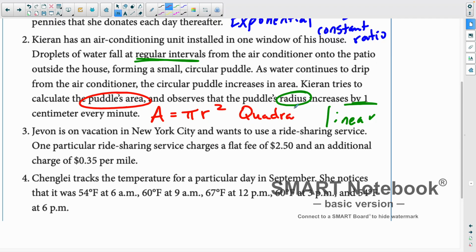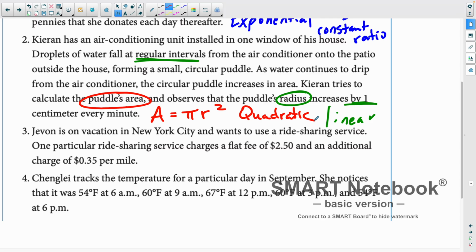So on this one, it kind of depends on what it's asking. Specifically, it's asking about the area. Since it's asking about the area, quadratic is the best answer. If it asked me about the radius, then the radius would be linear.